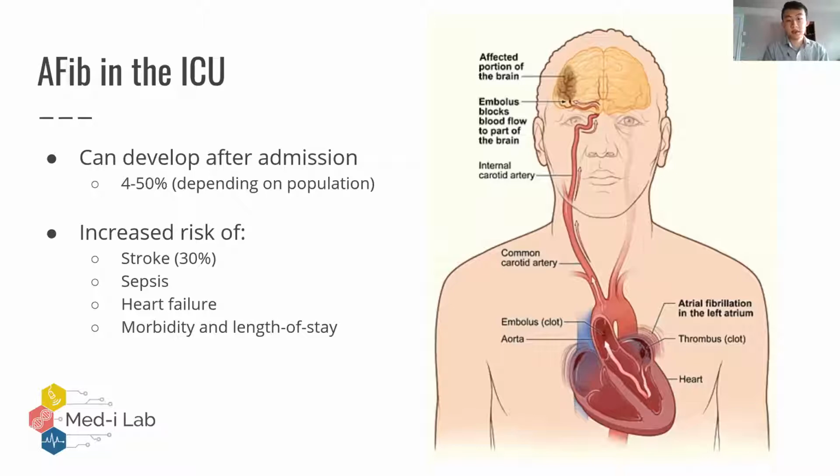And the consequence of having AFib, especially for ICU patients who are already at risk, is that you see higher percentages of very dangerous conditions like stroke. Because the heart is not beating properly, you can get clots, which often migrate up to the brain and can cause stroke. You get sepsis as well, and general heart failure and other heart conditions related to the non-functioning heart rhythm.